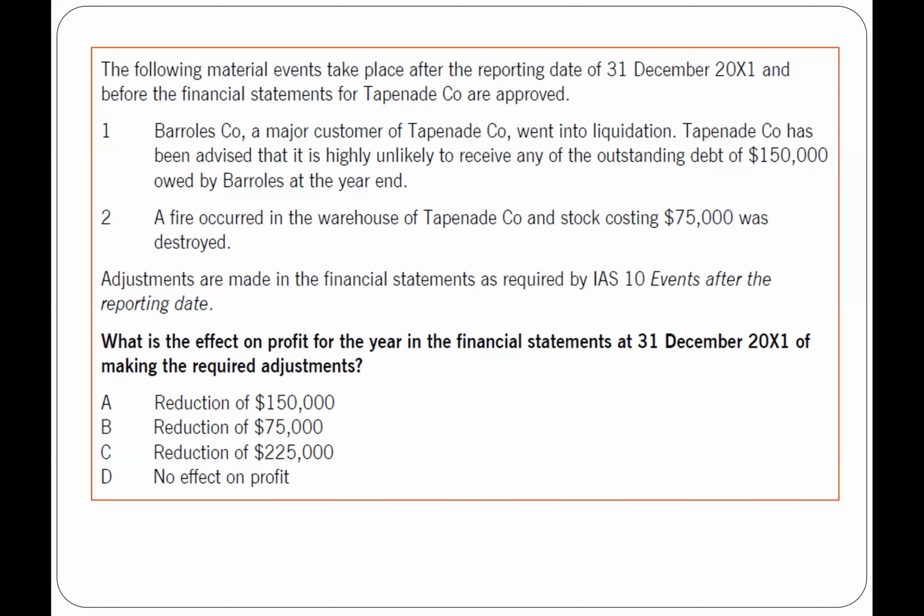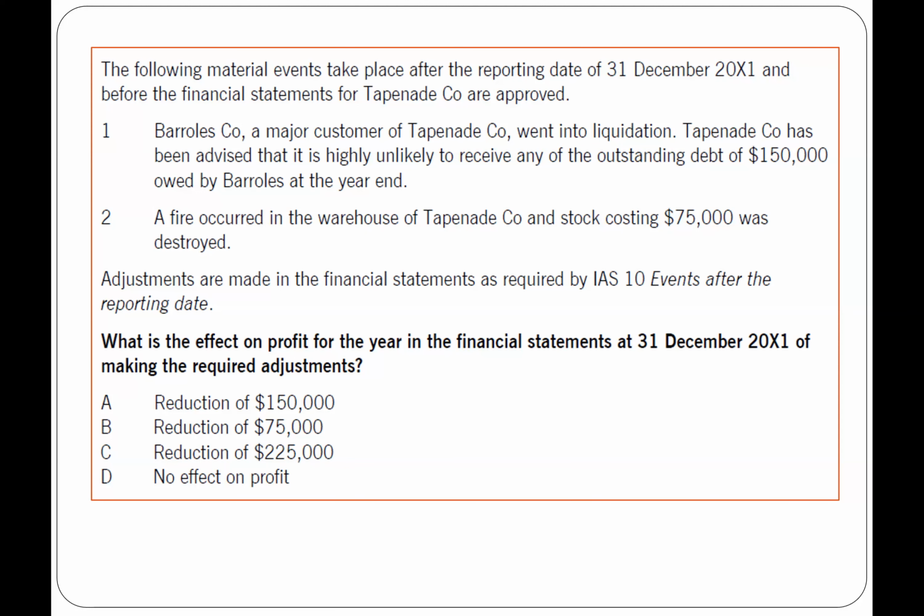So we said, if you realize that a company or a customer is facing financial challenges or is getting into liquidation, it means it did not happen overnight. By the end of the year, they were actually bankrupt.